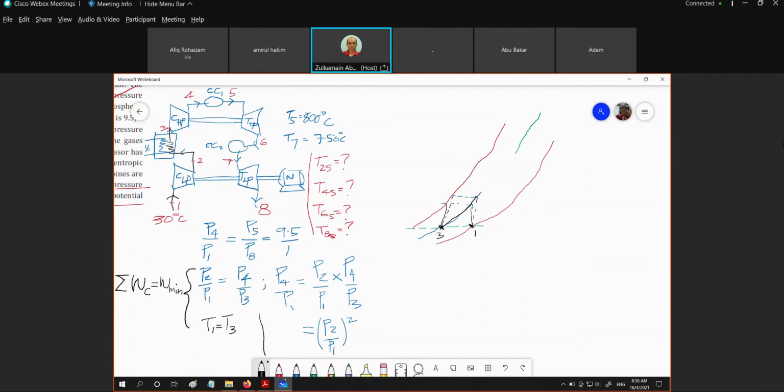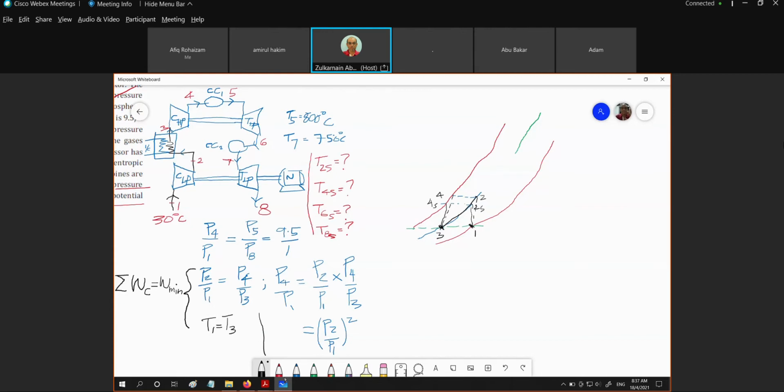Okay, for the outlet of the first compressor and the outlet condition of the second compressor, they should be the same due to the complete intercooling and same pressure ratio. Meaning that if this is 2S, this is 2. This is 4S, this is 4.